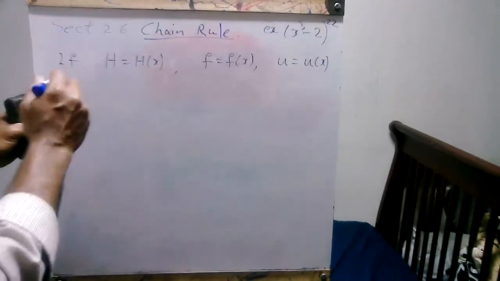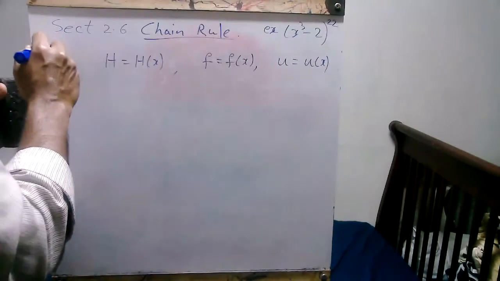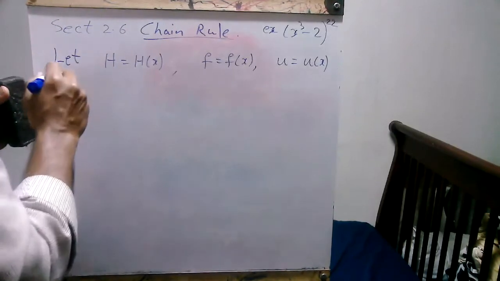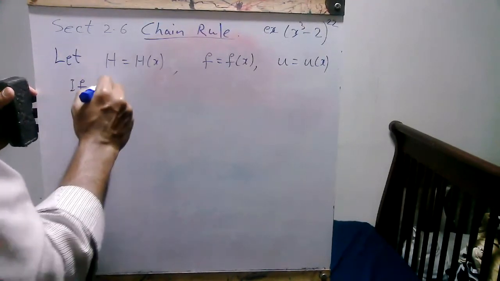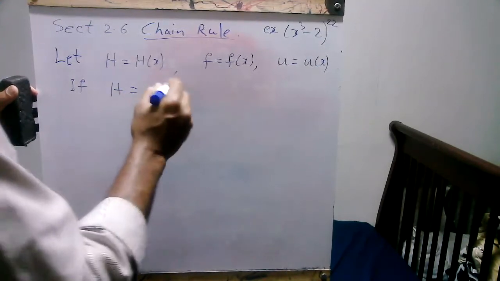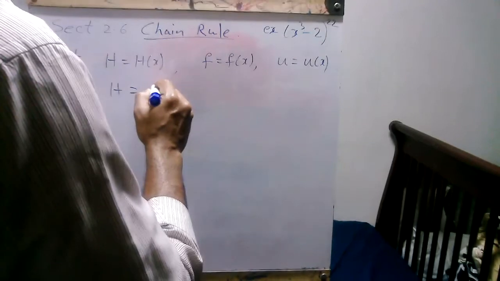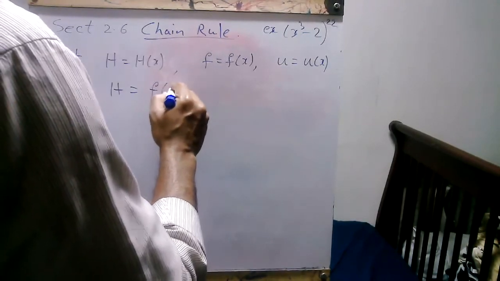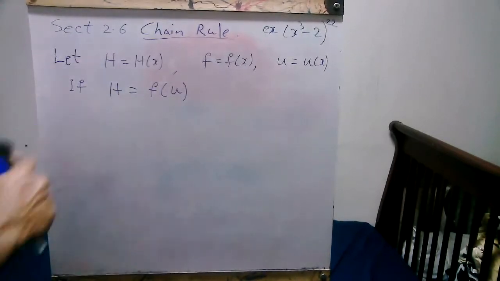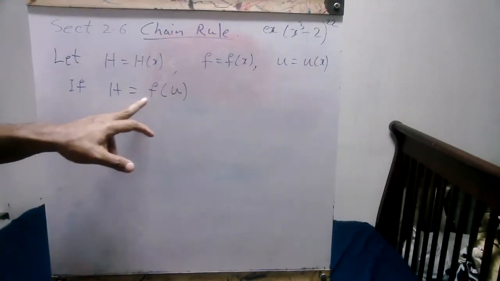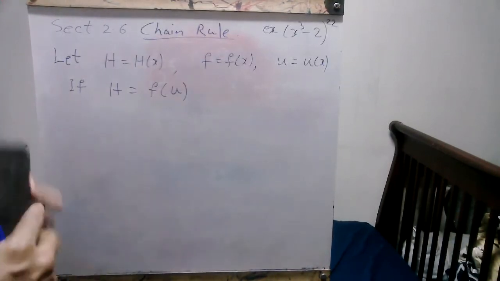Now, let h equal to f of u. What this means, h equals to f composite u, not times u.